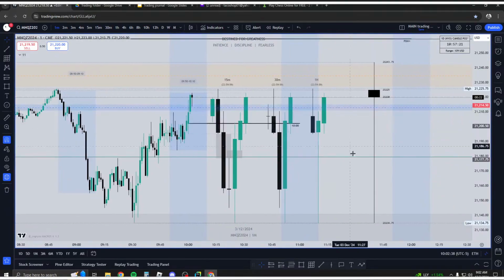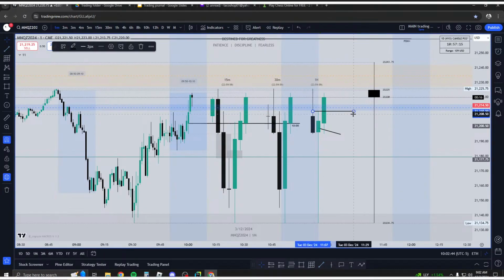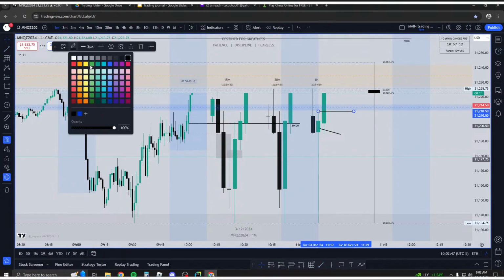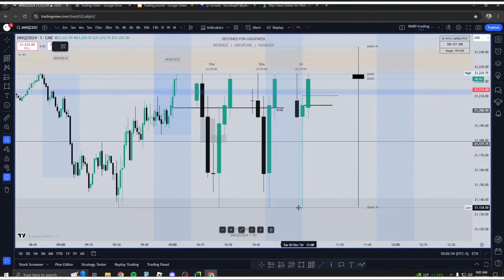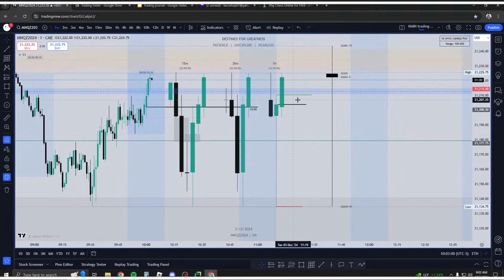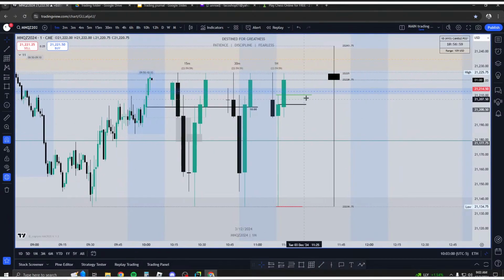But based on this hourly candle, we can anticipate the hourly high to be taken because of that theory, right? Is the black line closer to the green line, or is the black line closer to the red line? We're closer to the green line here, so most likely we're going to take out this hourly high.